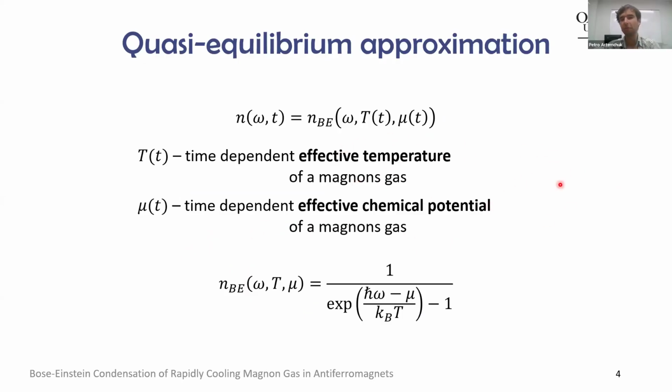Quasi-equilibrium approximation means that the thermal magnons interact with each other so fast that we can neglect this interaction. Basically, the magnon gas is always in quasi-equilibrium, and we only focus on interaction of the magnon gas with the lattice. And therefore, we can describe the populations of magnons with the Bose-Einstein distribution, shown here.